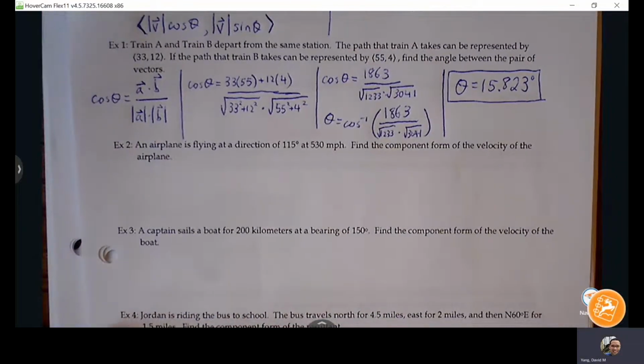Okay, so really what you were able to do on the quiz yesterday is just presented in a word problem format.